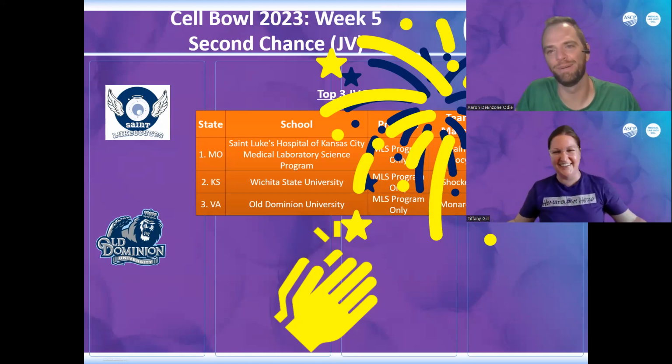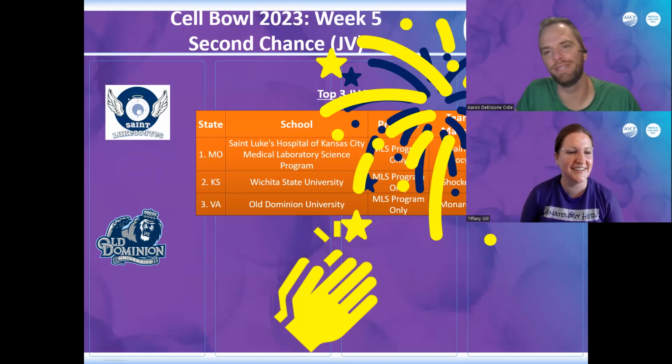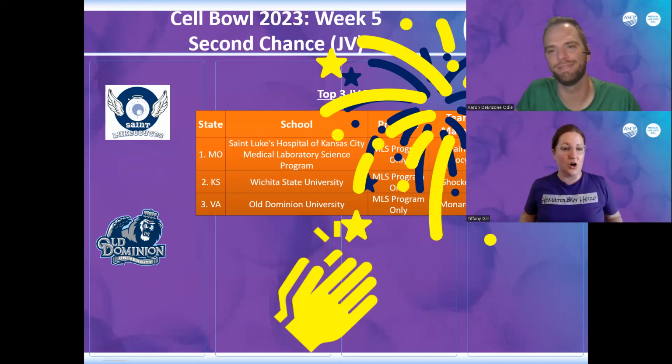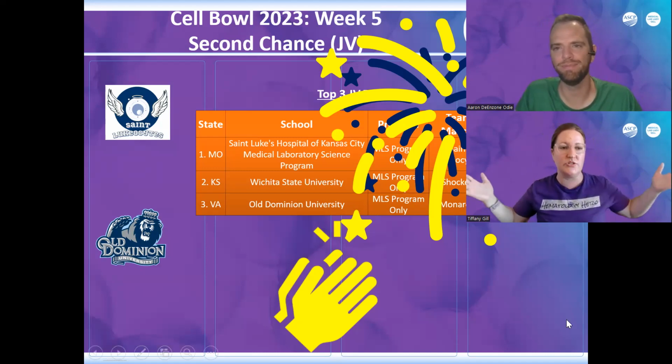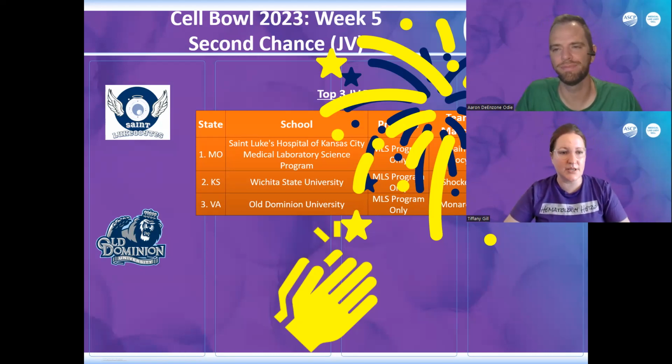And don't forget individual play, guys. If you already entered, you might be winning the shirt today. We're going to find out. For individual play, students can absolutely submit themselves.